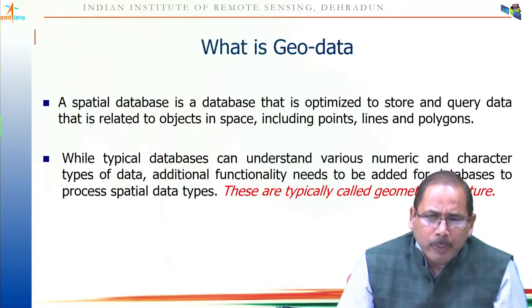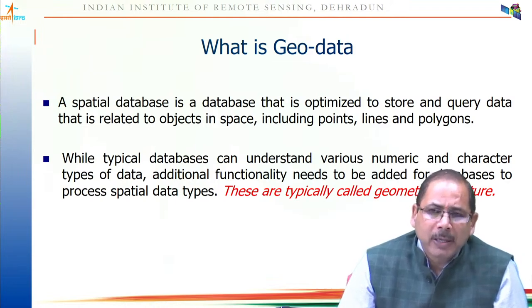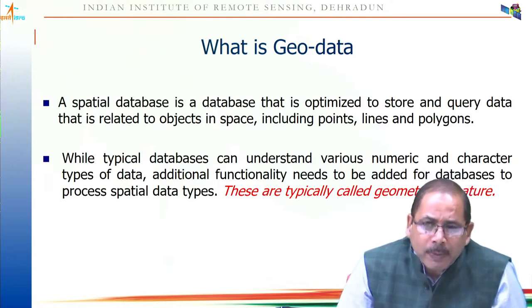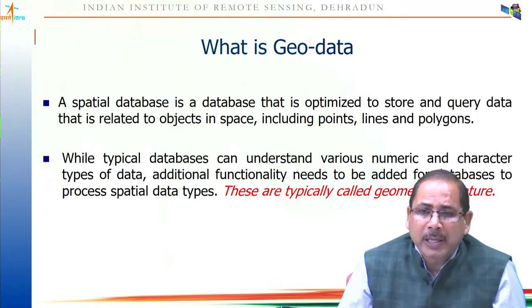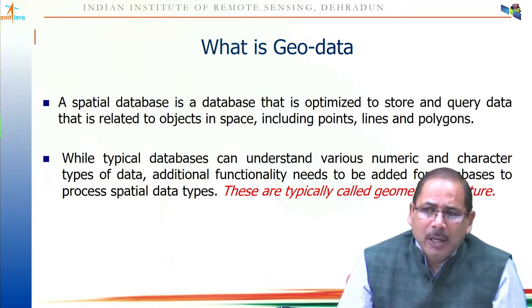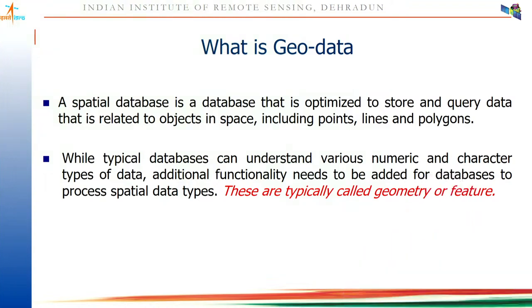So before that, especially for the participants who are joining this course for the first time, we have to understand what exactly geodata is. How can we say that a particular data is geodata? What are the characteristics of this data? Typically, we know that when we have data or a database, we need a database management system to organize and manage the data.